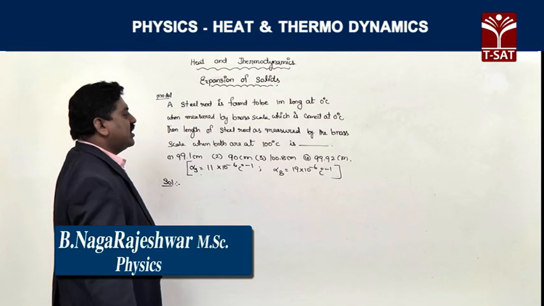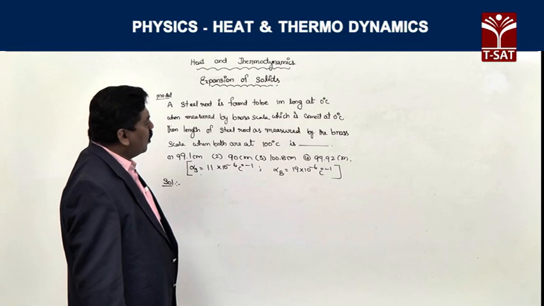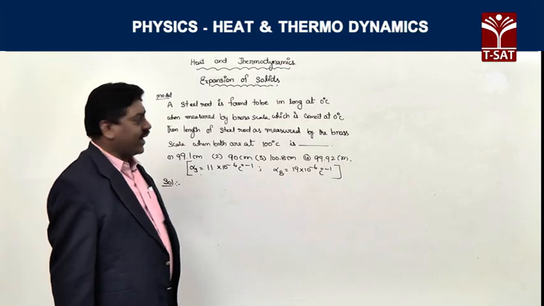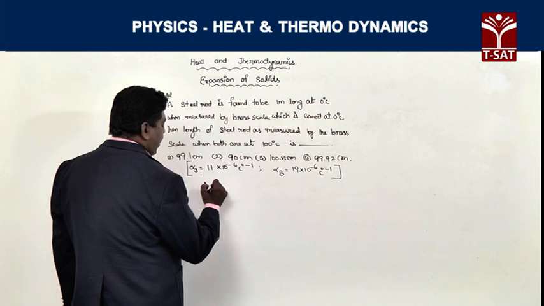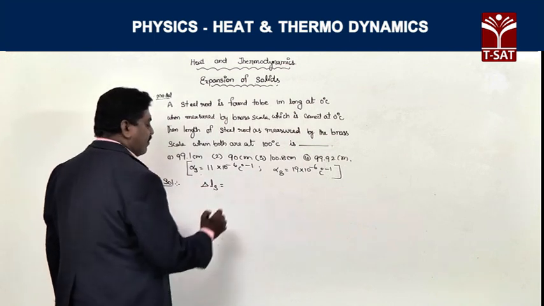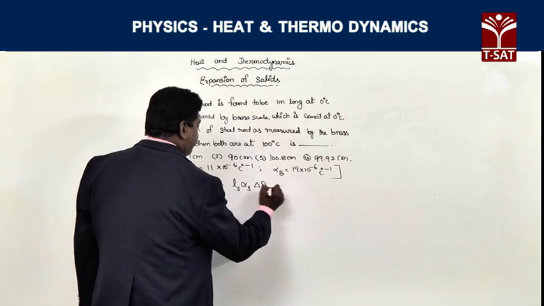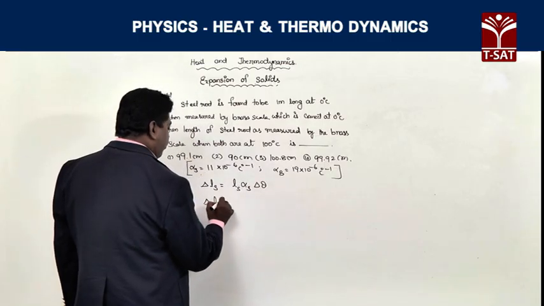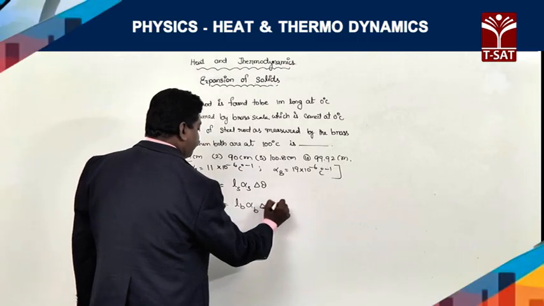Now, as the temperature is increased from 0 to 100 degrees Celsius, both the rods will expand. The expansion in the steel rod, delta Ls, is given as Ls alpha s delta theta, and the expansion in brass is given as Lb alpha b delta theta.